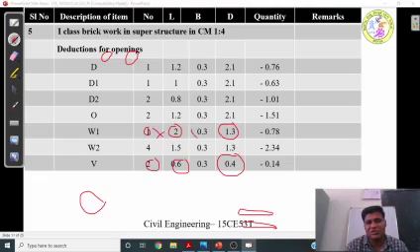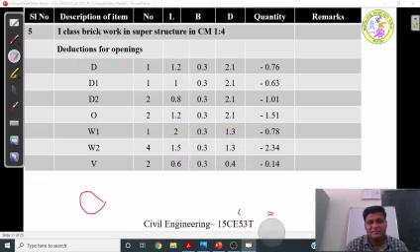So 1 into 2 into 0.3 into 1.3 will give me 0.78 cubic meters. So 2 into 0.6 into 0.3 into 0.4 will give me 0.14 cubic meters. These are the totals.